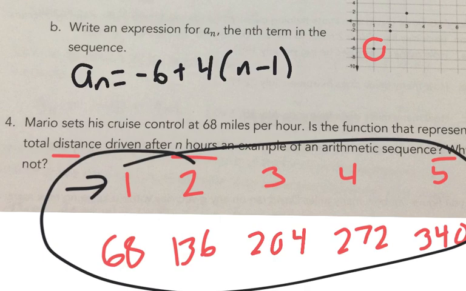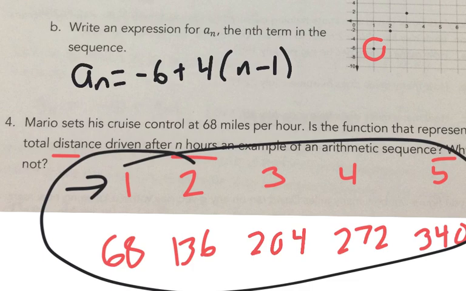It's not discrete. I can't count every value possible. It's a continuous function because the number of hours driven could be half an hour or a quarter of an hour or 0.37 of an hour or 2.5 hours.